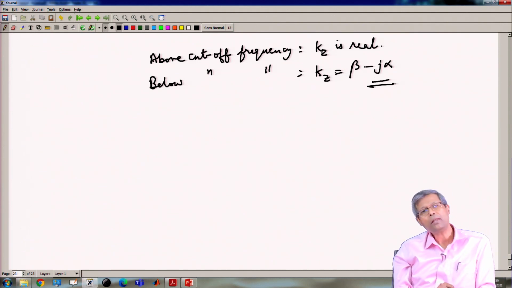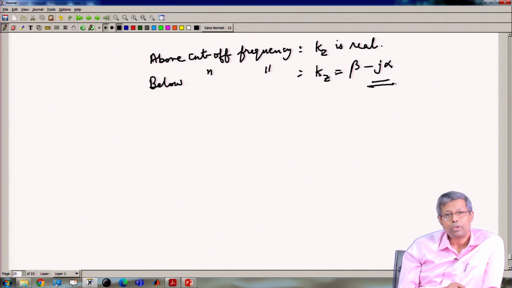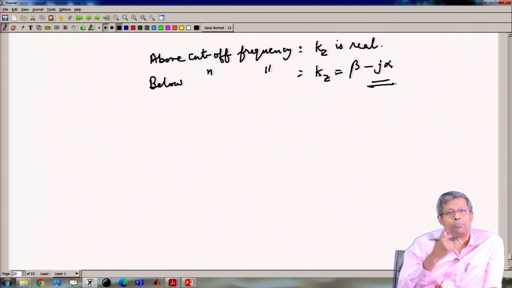Therefore, I can make the same dielectric strip or dielectric guide operate as a guided wave medium with kz real above cutoff, which are essentially called surface waves inside the dielectric, or I can make it work as an antenna, so that these waves have complex propagation constant, and therefore, as they progress inside the dielectric slab, they progressively lose energy in the air region.